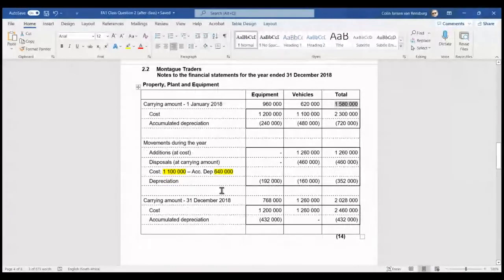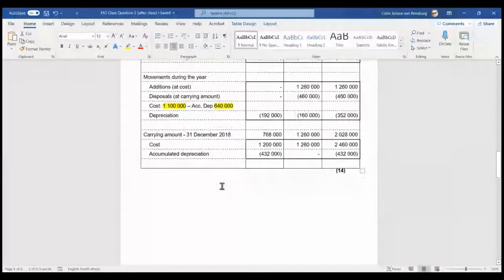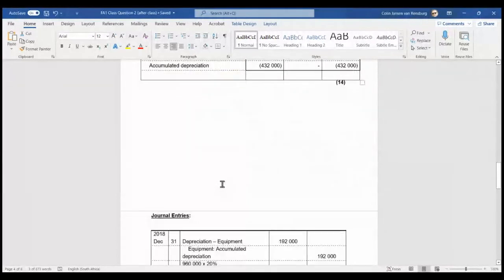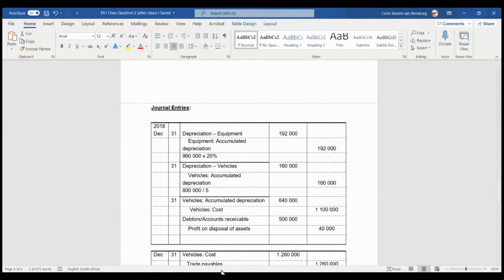Do we have any journal entry that relates to or affected our cost or accumulated depreciation accounts for equipment?